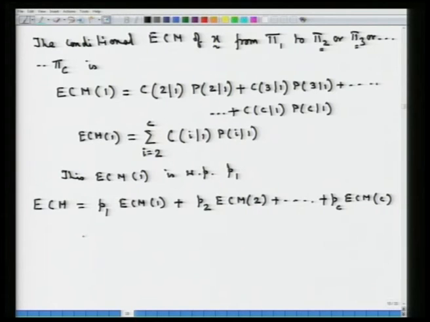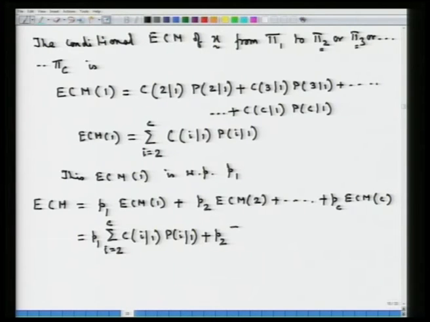We can write these terms without much difficulty: this term is equal to the summation i equal to 2 to c of C(i|1) P(i|1), plus P2 times a term.